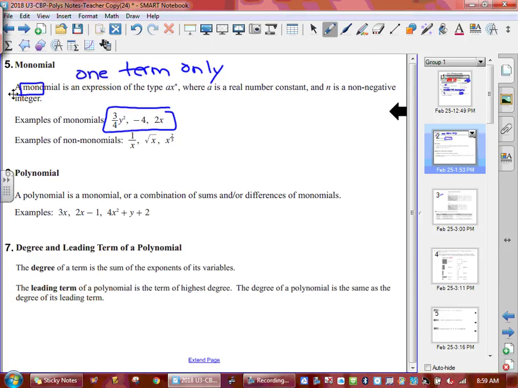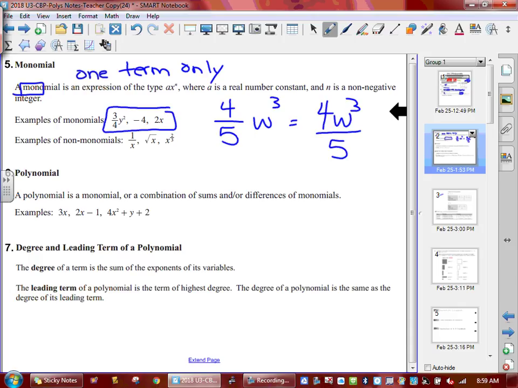Now, whenever it's written as a fraction like that, the variable is going to float to the top number, okay, whenever we've got a fraction. So if they write 4 over 5 w cubed, what that actually means is 4w cubed over 5, okay? That's what it means. The w will go with the top one, okay? So, -4, what kind of term is that one? Starts with a C.